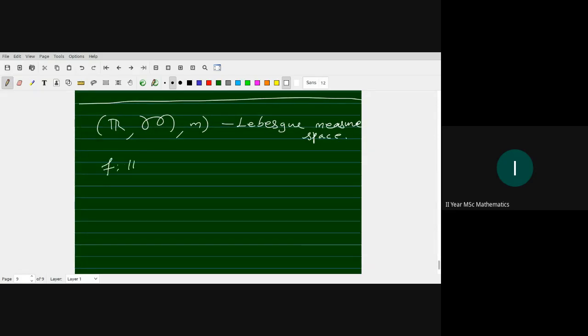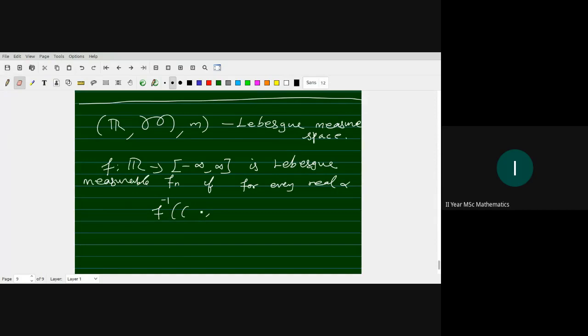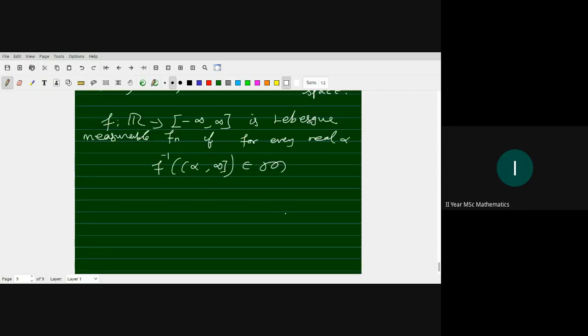Then f from R to minus infinity comma infinity is a Lebesgue measurable function if, the same thing, for every real alpha, f inverse of alpha comma infinity is a Lebesgue measurable set. This is an if and only if case.